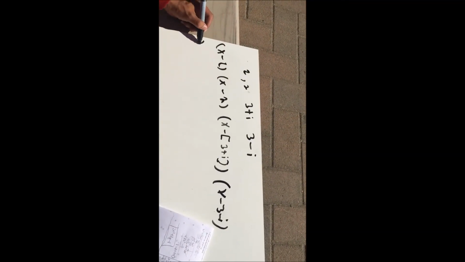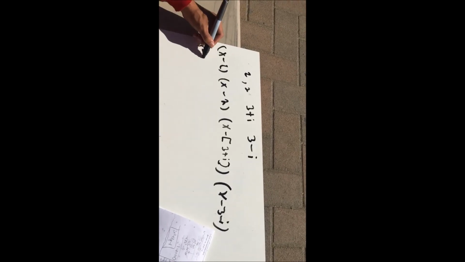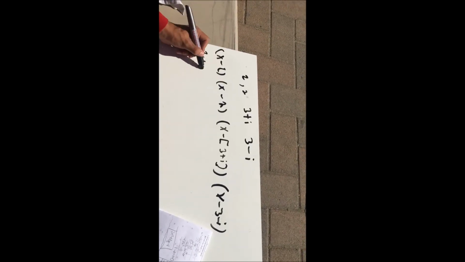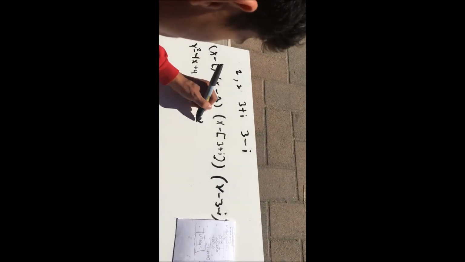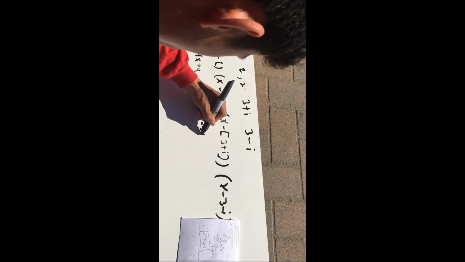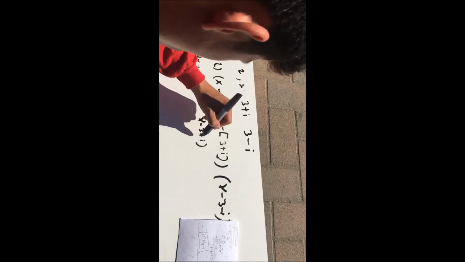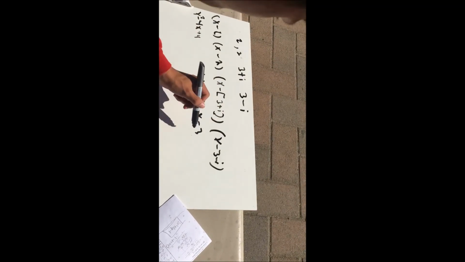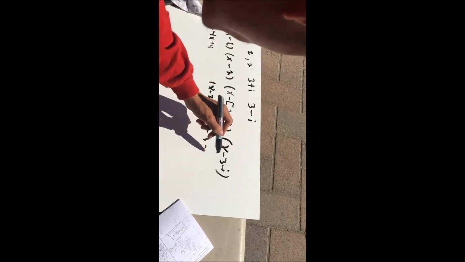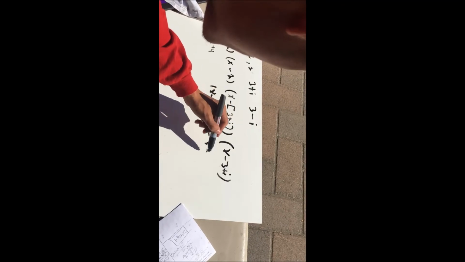So then you factor this, you get x squared minus 4x plus 4. Right here, it's x minus 3 plus i. That's x. You distribute the negatives, so that becomes negative. It becomes negative.